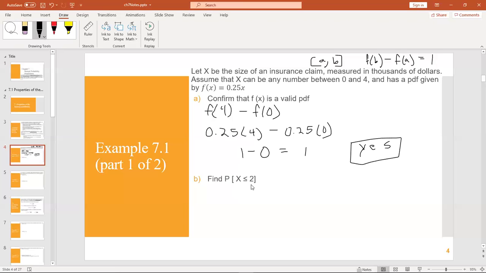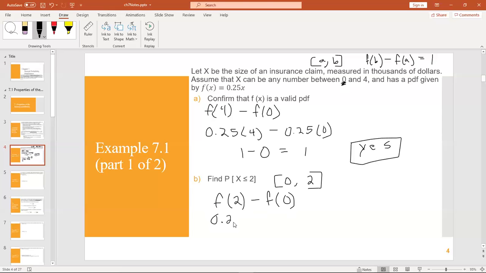So next they say find x less than or equal to 2. This is basically asking for the interval from 0 to 2. So what I'm going to do is f of 2. They didn't give me a bottom end, but again, we're limited to 0 being the lowest possible value. So we're going to do f of 2 minus f of 0.